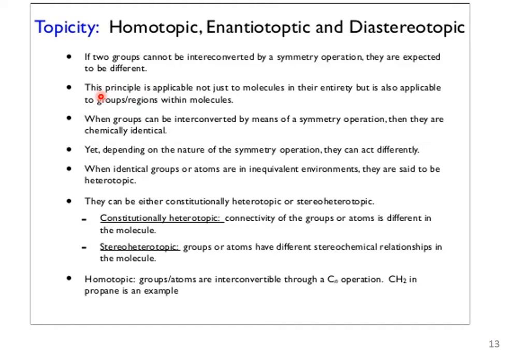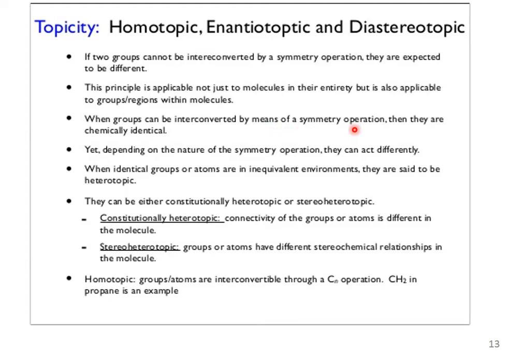When groups can be interconverted by means of a symmetry operation, then they are chemically identical. Yet depending on the nature of the symmetry operation, they can act differently. When identical groups or atoms are in non-equivalent environments, they are said to be heterotopic. They can be either constitutionally heterotopic or stereoheterotopic.